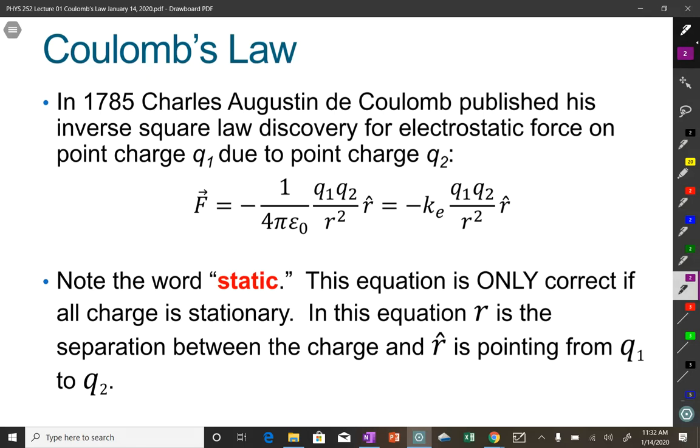If you take 2 identical globes and touch them together, you're going to have half the charge on one, half the charge on the other if they're conductors. Then he measured the strength of the force between them. By varying how he transferred the charge, he could adjust the amount, and he determined that the force was inversely proportional to the square of the distance between the centers of the globes. Now, these are spherical globes.